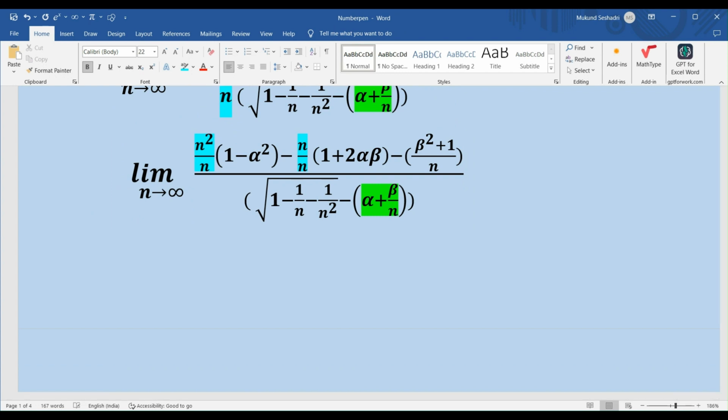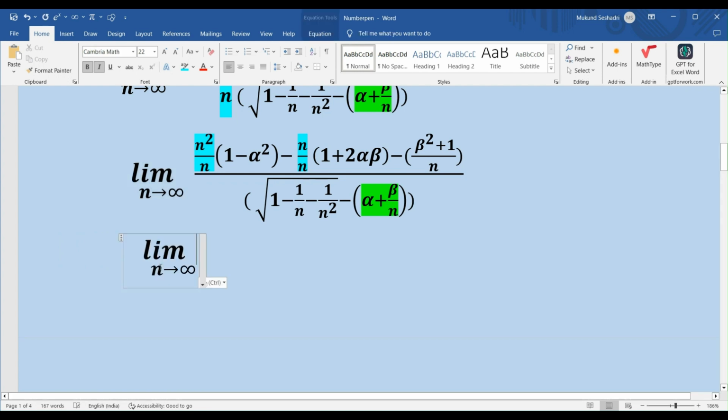So let's go to the next line, and I'm going to rewrite this term with the simplifications we just spoke about. So my numerator becomes n times 1 minus alpha square. That's my first part of the numerator. And then I come to the second part.